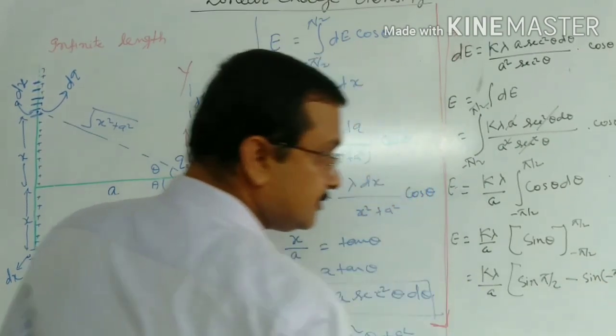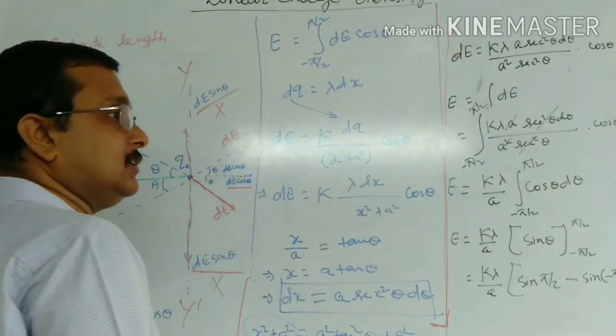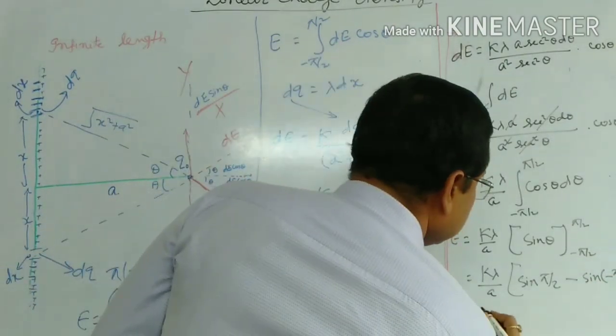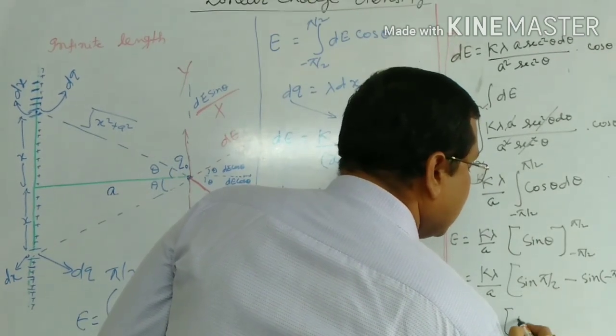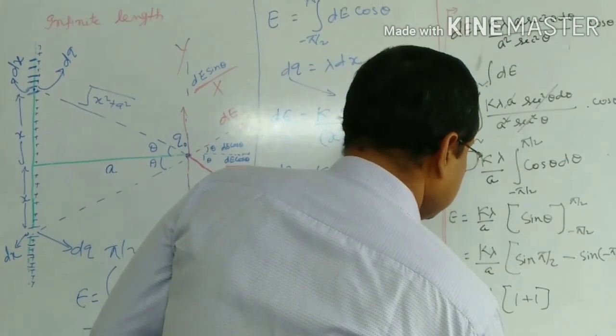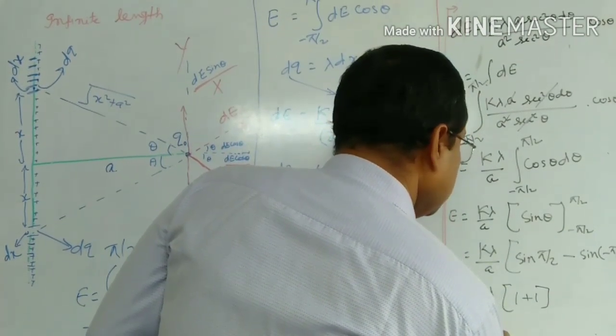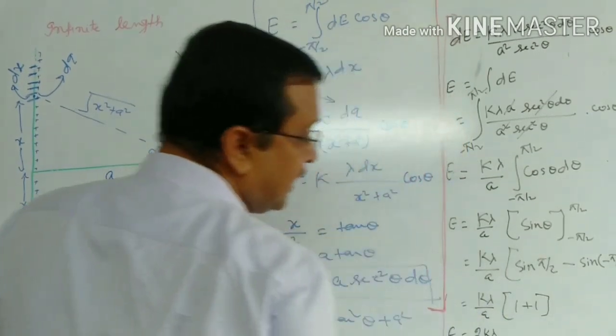Sin minus pi by 2 is minus sin pi by 2, because sin minus theta is always minus sin theta. So k lambda by a, sin pi by 2, which is 1, minus minus, plus sin pi by 2, which is 1. So E equals 2 k lambda by a.